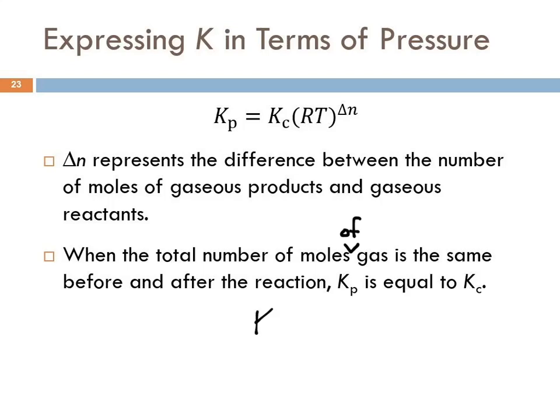Because in that instance, Kp equals Kc times RT raised to the 0 power. Anything raised to the 0 power is 1. That's equal to Kc. So sometimes, for some reactions, they are the same. But you can't assume that the numbers are the same.